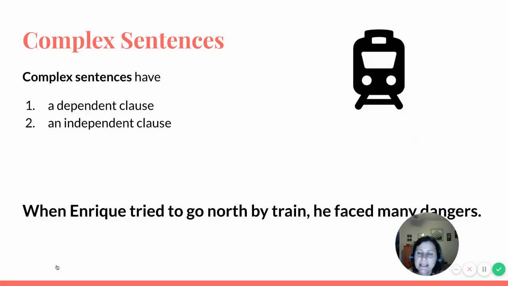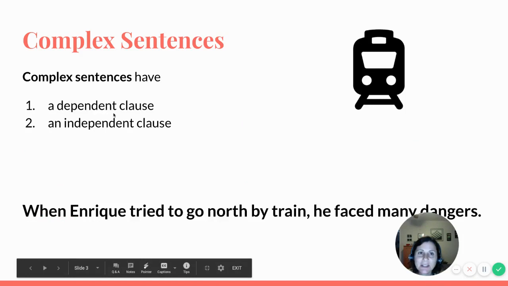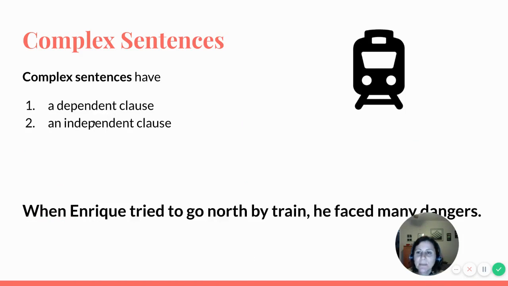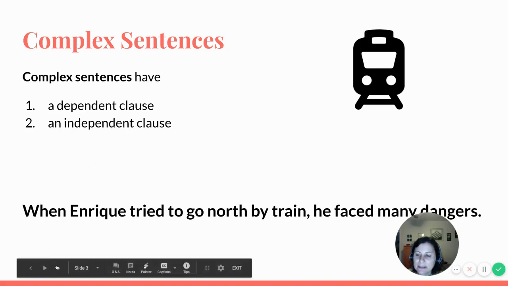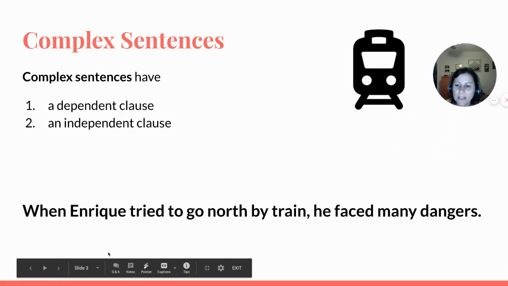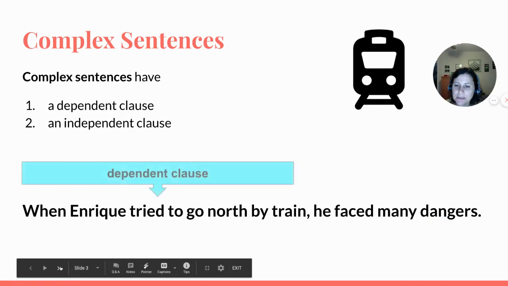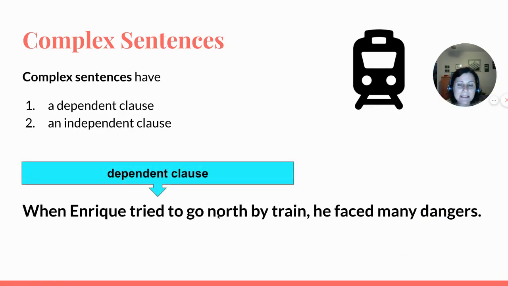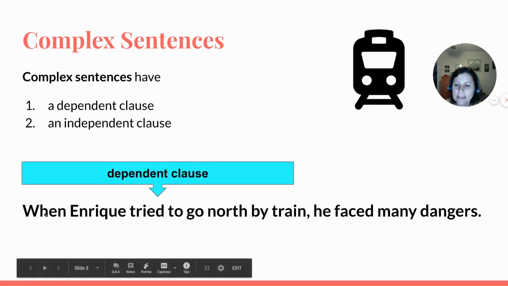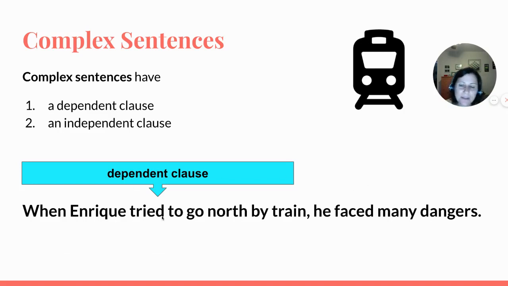Complex sentences basically have a dependent clause and an independent clause. This is different from compound sentences which had two independent clauses. Let's look at an example. When Enrique tried to go north by train, he faced many dangers. This here is a dependent clause. This means it's not complete. It's dependent on the other clause.